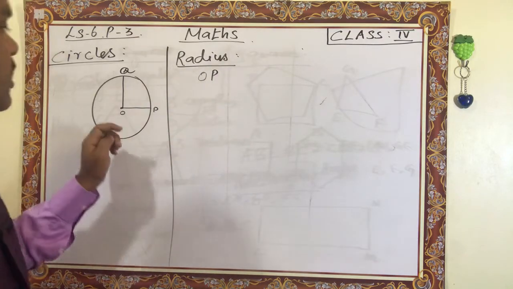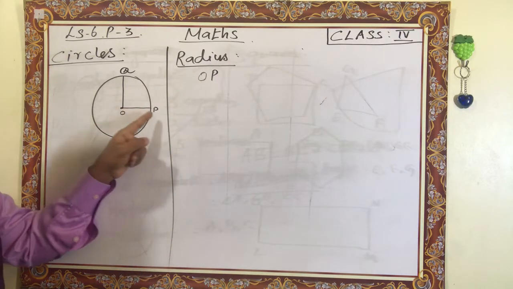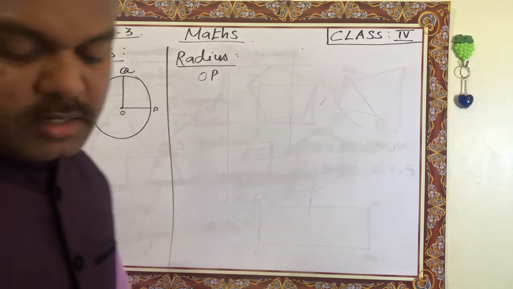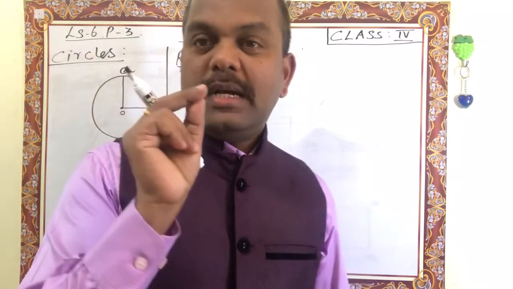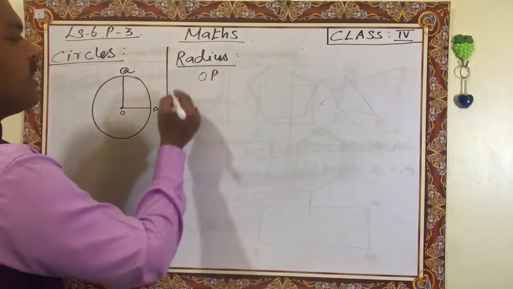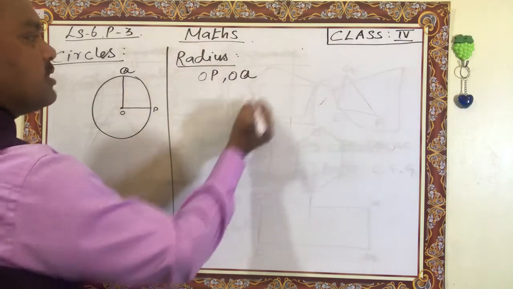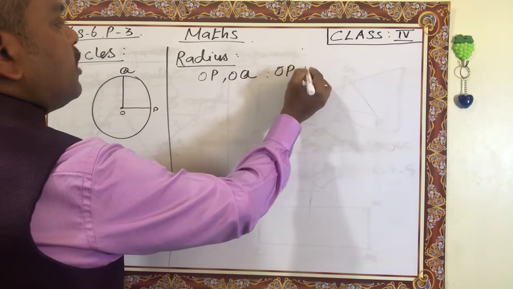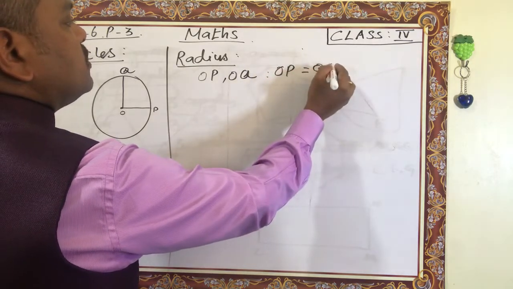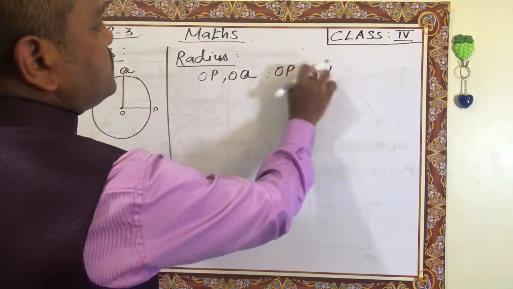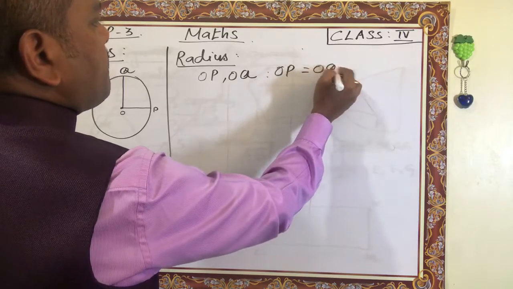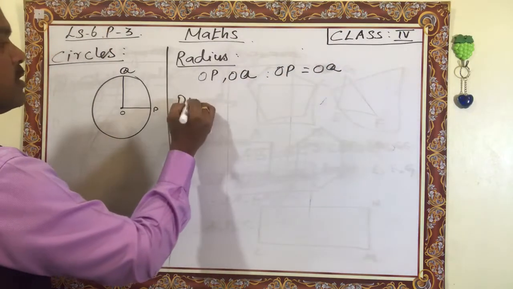So radius means the line segment joining the center and any point on the circle. In this circle, OP is a radius and OQ is also a radius, and one important point, OP is equal to OQ. Next one, diameter.